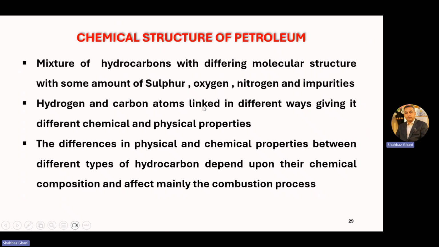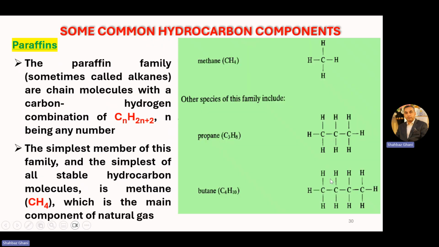Hydrogen and carbon atoms are linked in different ways, giving different chemical and physical properties. If we change the structure or the combination of hydrogen and carbon, the chemical and physical properties will change. The differences between types of hydrocarbon depend upon their chemical composition and affect mainly the combustion process.